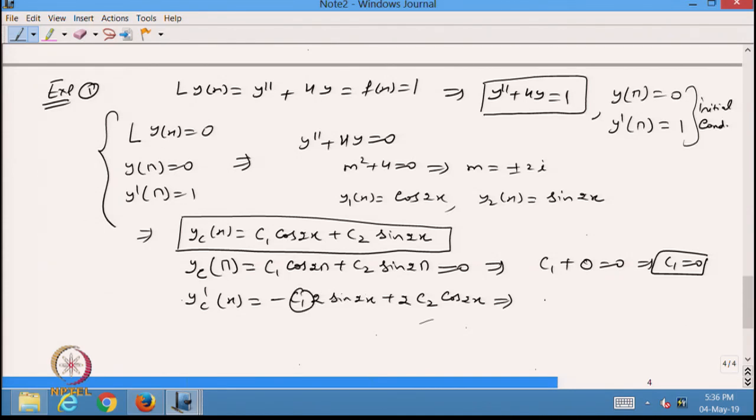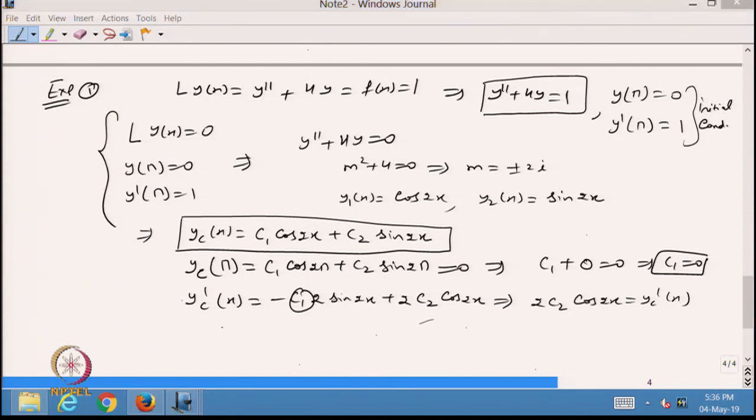So, 2 C2 cos 2x is the derivative, because C1 is already 0 from the first initial condition.